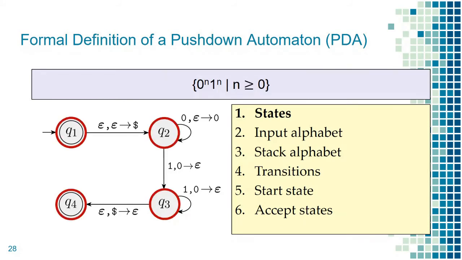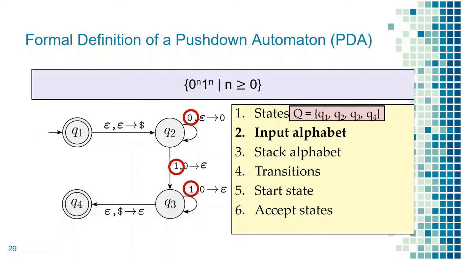Now, our states, very obvious, Q1 to Q4. Our input alphabet is our first character in each case, okay? We don't put epsilon into our input alphabet because it's within every single possible input alphabet, okay? Our stack alphabet.